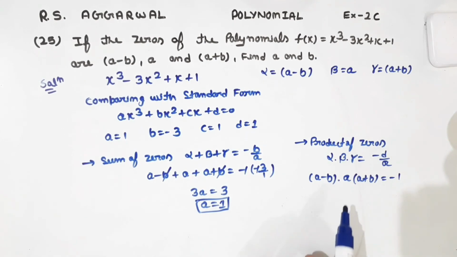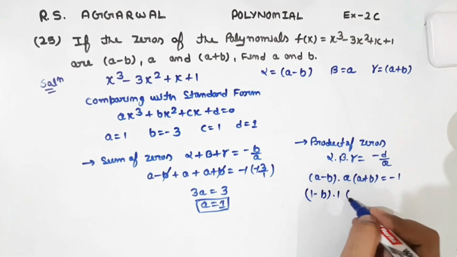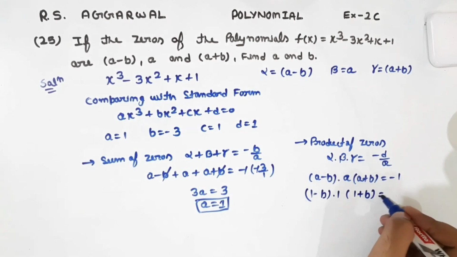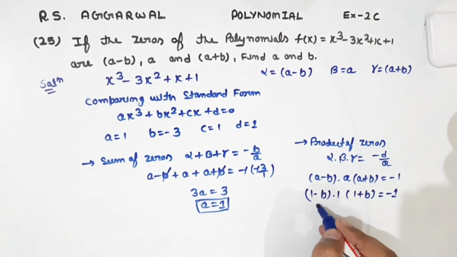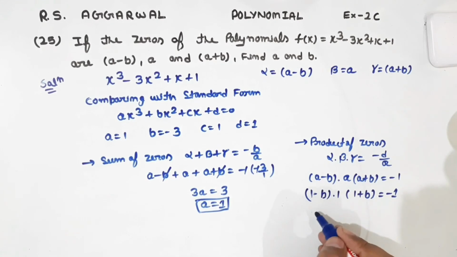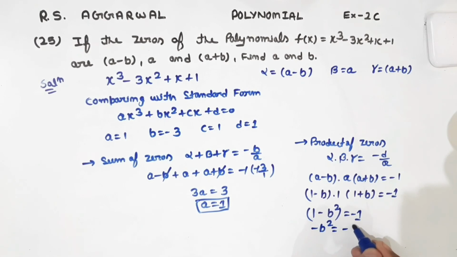Now putting the value of a equals 1, this equation will become 1 minus b into 1 plus b equals -1. So now from here, a plus b and a minus b, that will be equal to 1 minus b square equals -1. So minus b square will be equal to -2. So from here b will be equal to plus minus under root 2. So the value of b will be plus minus under root 2.